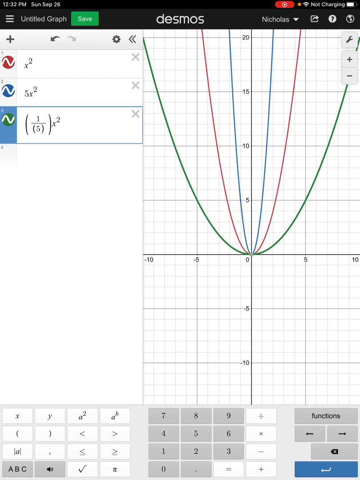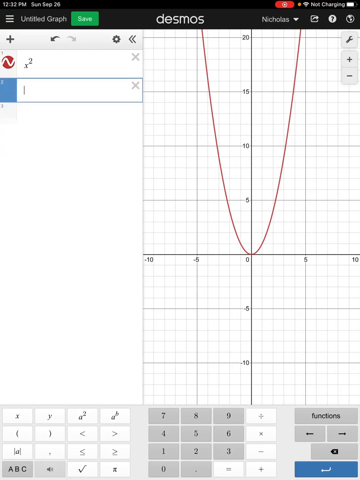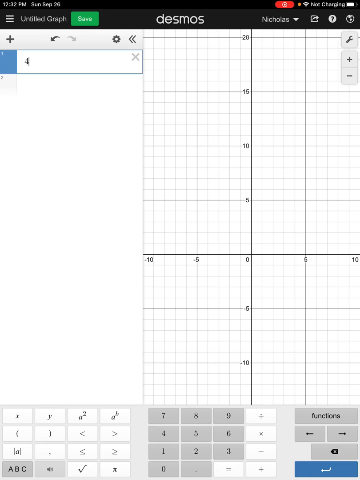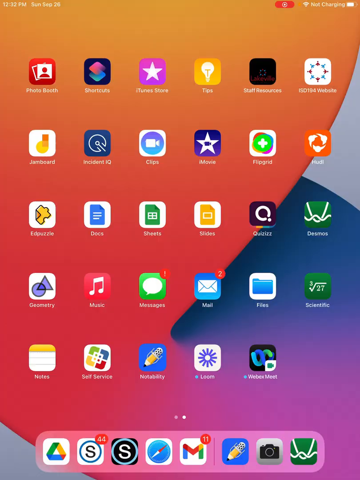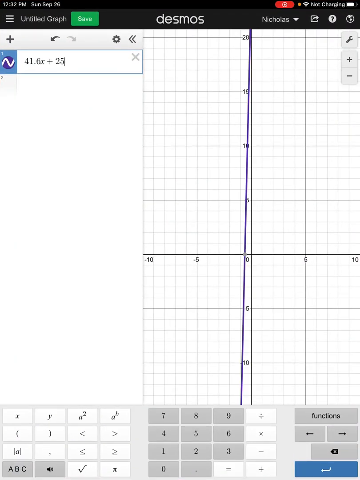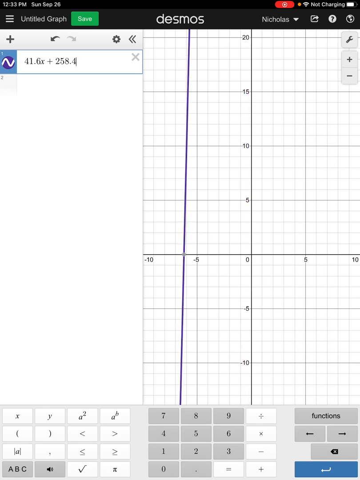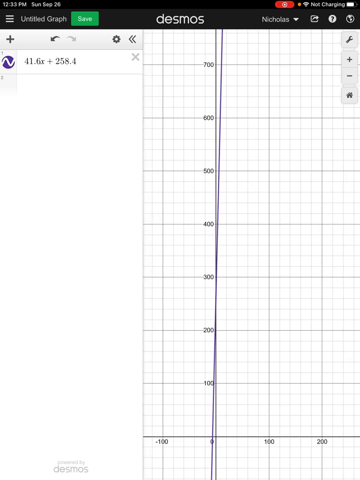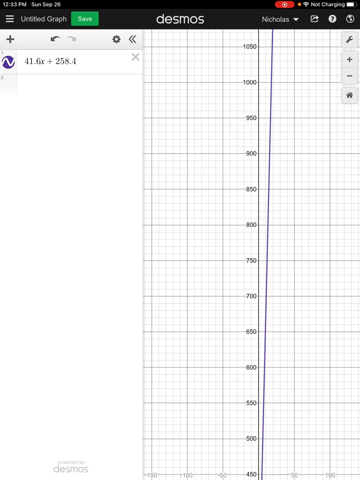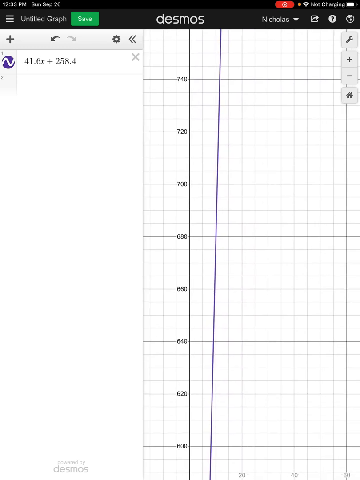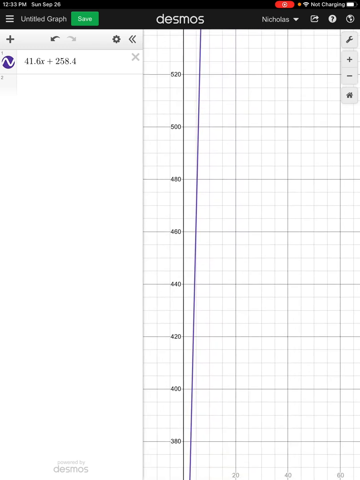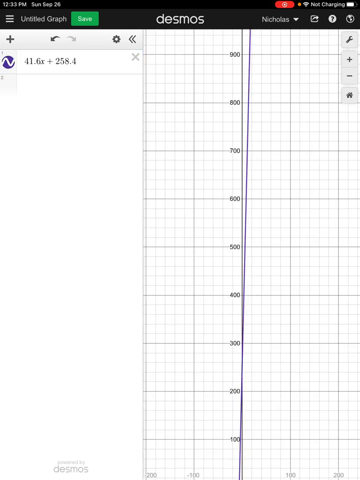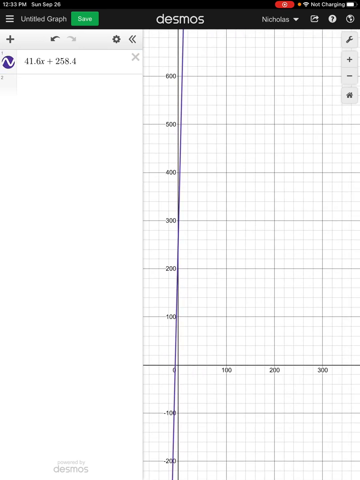Again, let's say we wanted to use Desmos and type it in. 41.6x plus 258.4. And if I were to graph it and scoot out a little bit, again, the reason this one looks a little steeper is because of our x intervals.